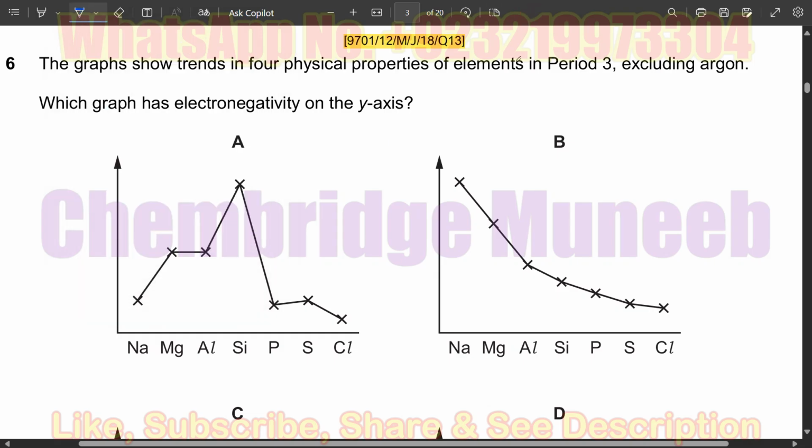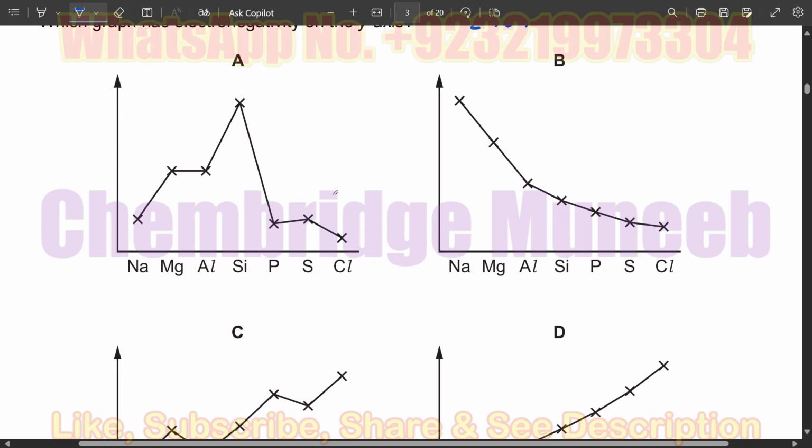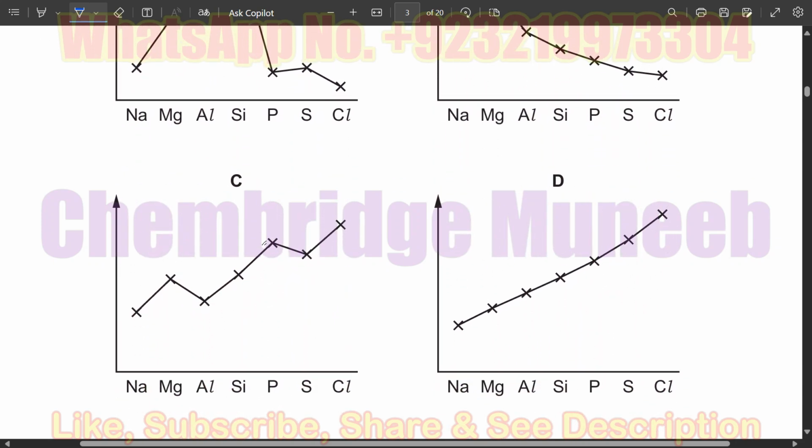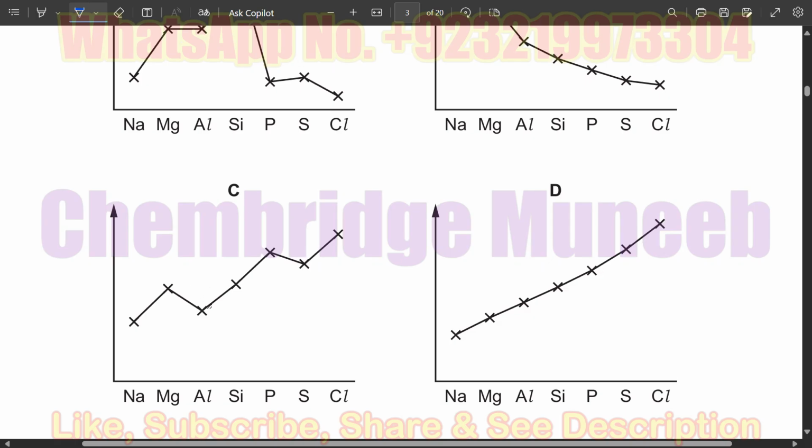There is an increasing trend. So we have to find that graph here. This can be seen in C and D both, but C also has decreasing. It is not actually increasing, it is decreasing at some points. So D is the only option here with an increasing electronegativity value across a period.